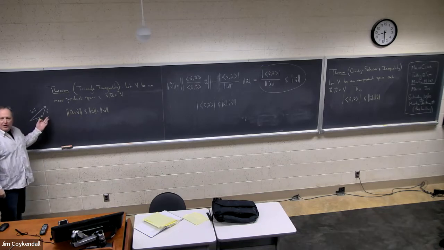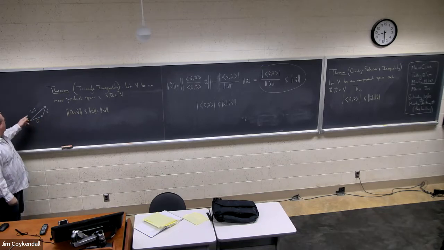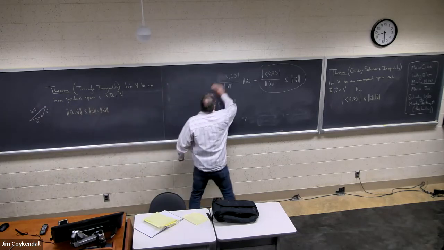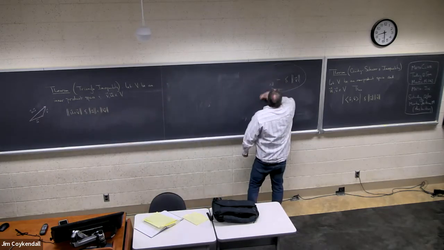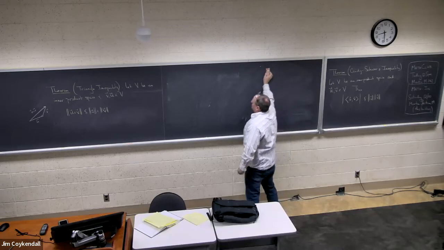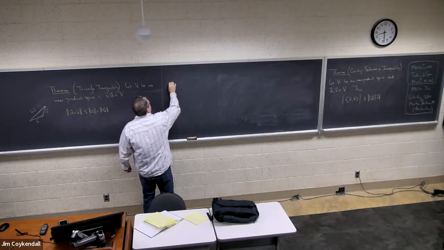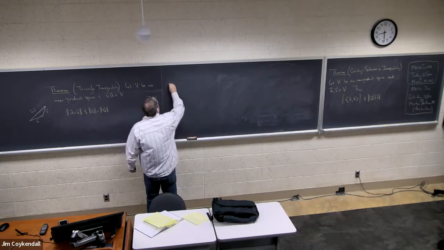And this is why it's called the triangle inequality, because you can think of the length of U plus V as being no more than the length of U plus the length of V. Let me show this concretely using what we know about inner products.